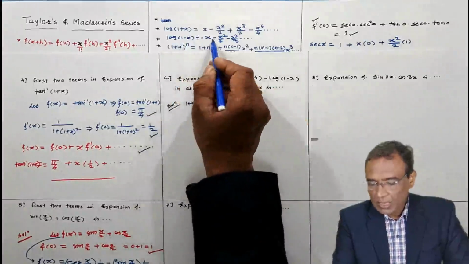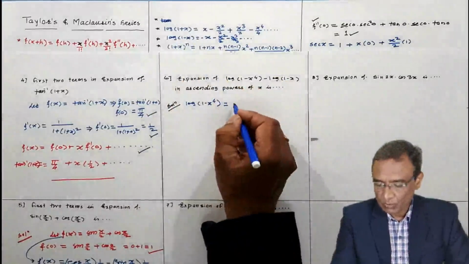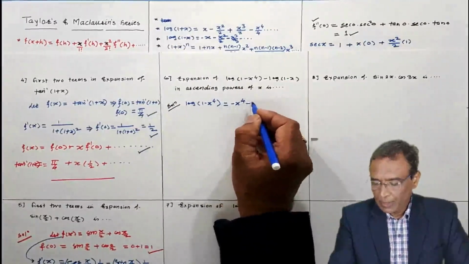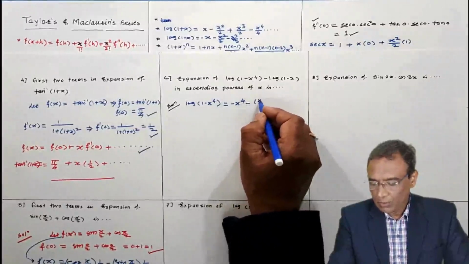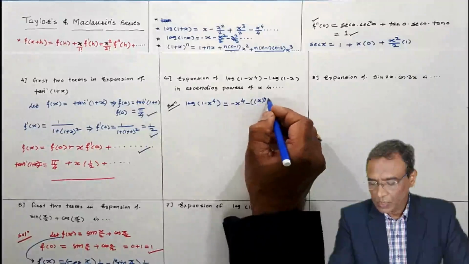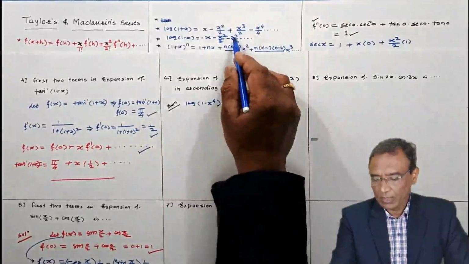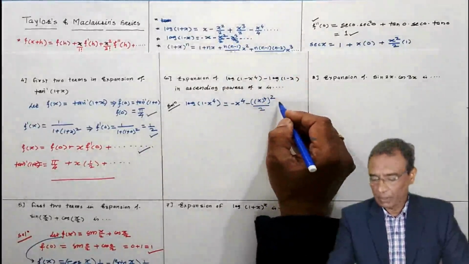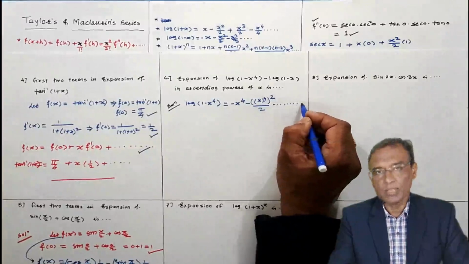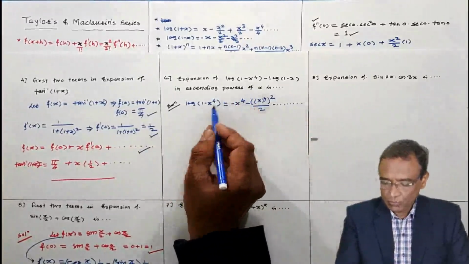For the log of 1 minus x to the power 4 expansion, replace x by x to the power 4. Then x to the power 4 raised to power 3 by 3 you can write, but I am not writing it. That term is there. This is the expansion of log of 1 minus x to the power 4.